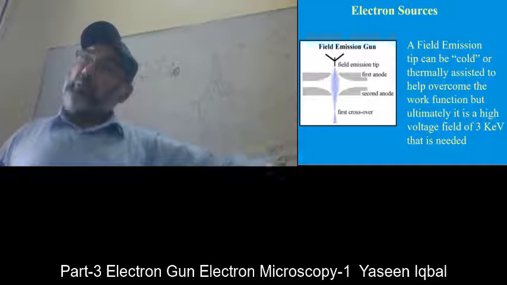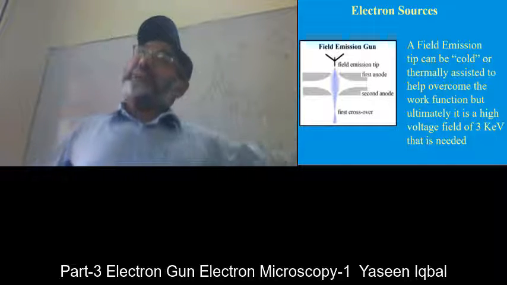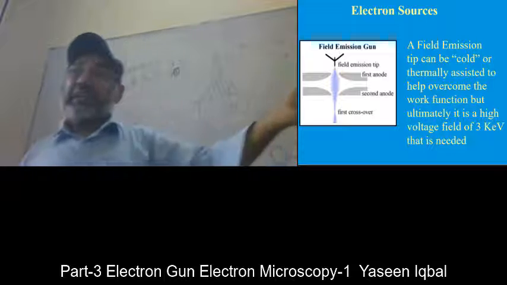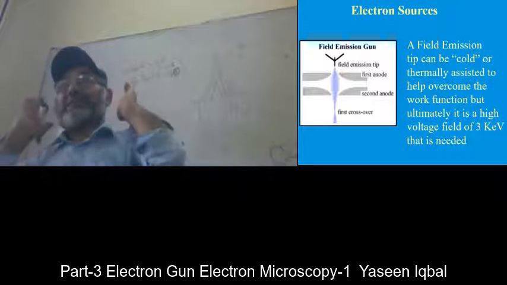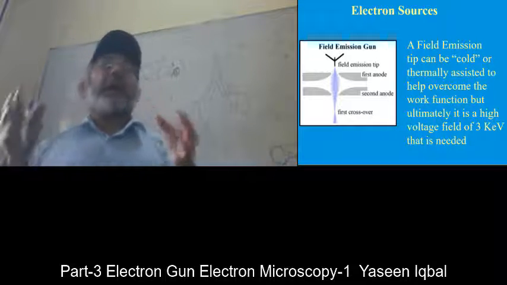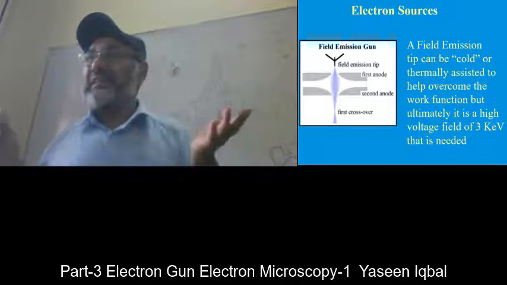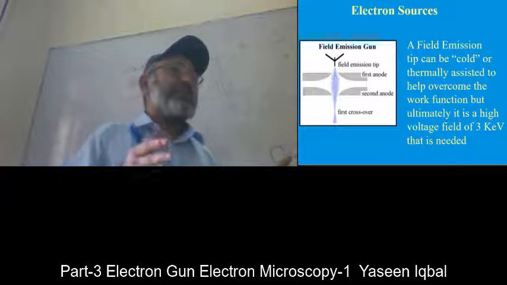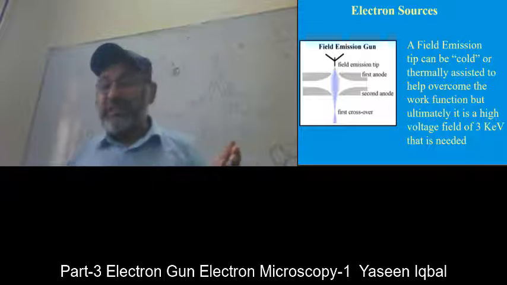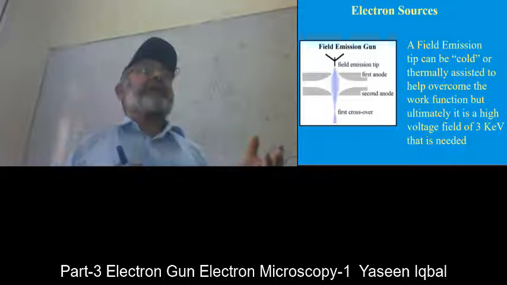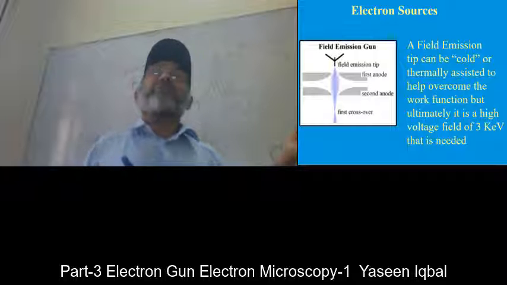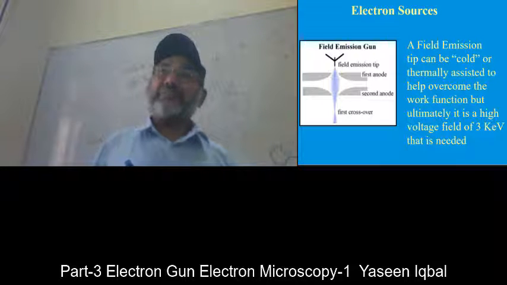And from that pool, you are making the beam to go down. So when the energies of the electrons are almost the same, I am not saying exactly the same, but almost the same, this means that a monochromatic beam of electrons can be formed easily.